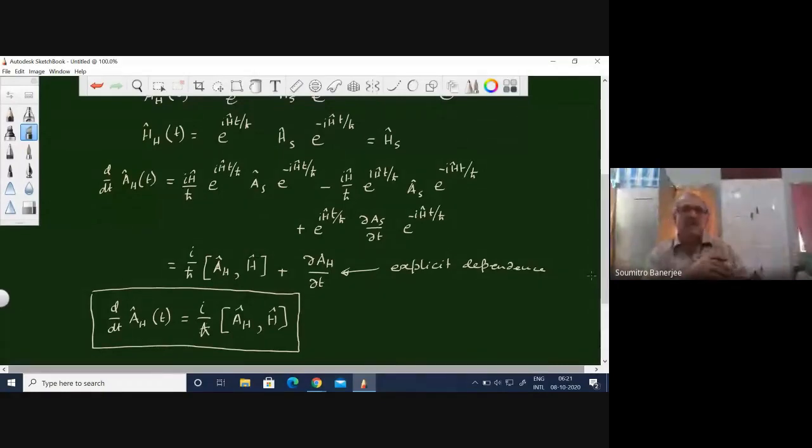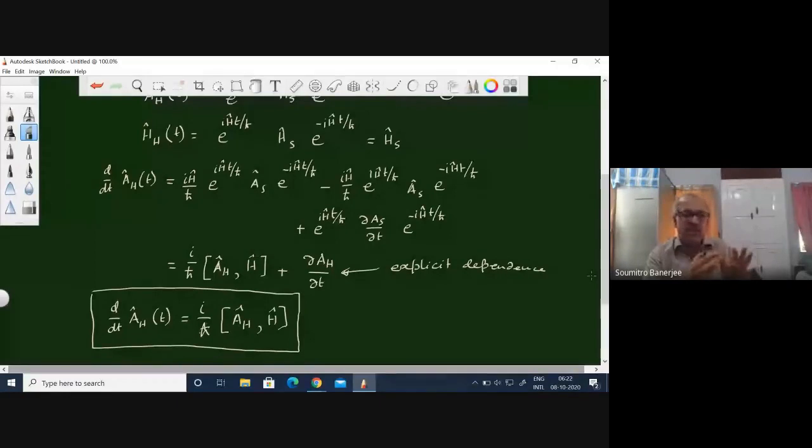It is true that in the first year, the last year, and the rest of this semester, we have only followed the Schrodinger picture. But there are situations in which the Heisenberg picture gives a lot of advantage, especially you will see in the next year, where you will need to use the Heisenberg picture, and therefore it's necessary for you to know what it is. So at this stage, let me just stop for a while and invite questions.